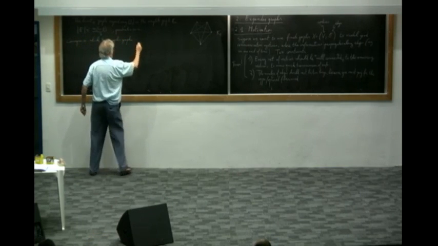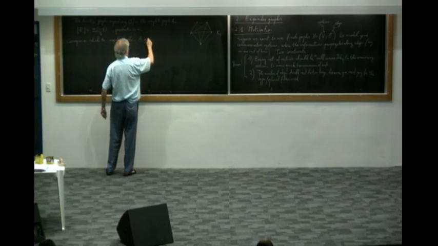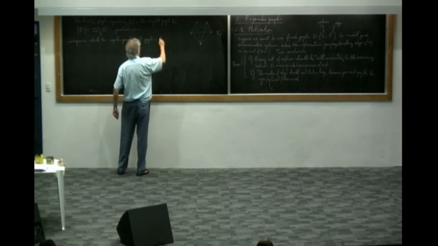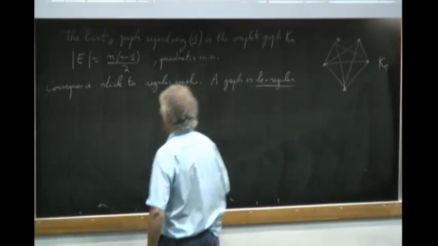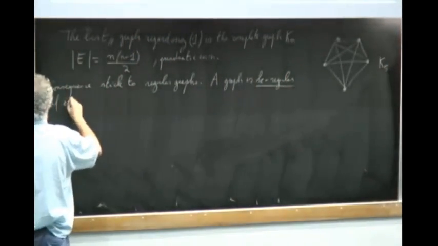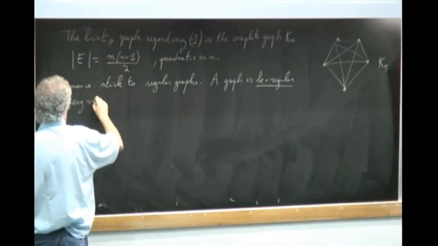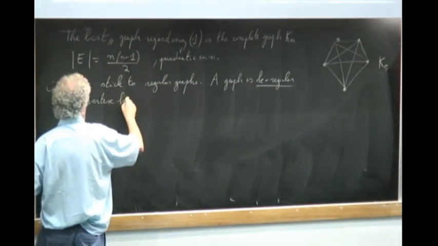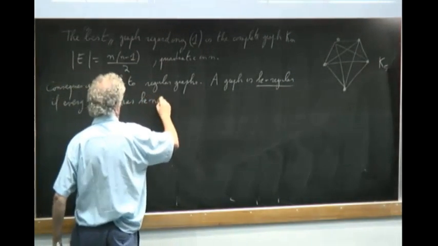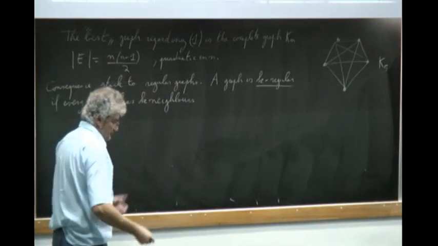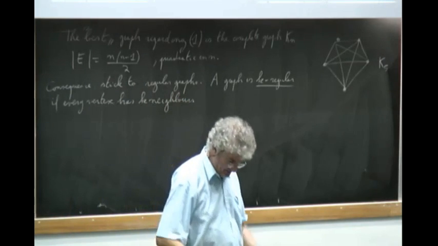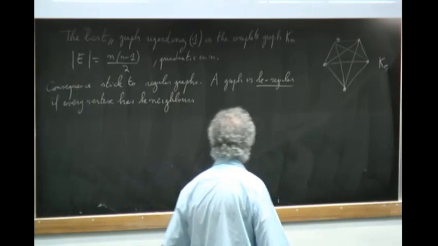So remember, a graph is k-regular if every vertex has exactly k neighbors, so it's connected to k other vertices. So k is some fixed number.